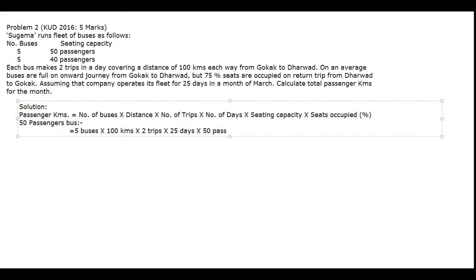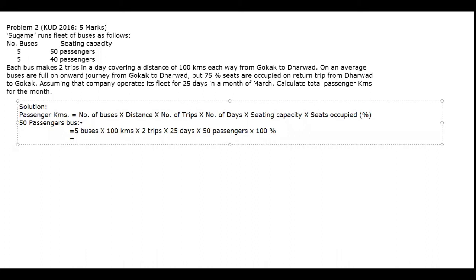Seating capacity having 50 passengers, into what was the seats occupied while going. On an average, buses are full on onward journey. Buses are full means it is 100%. So if it is 100%, let us see what will be the answer.